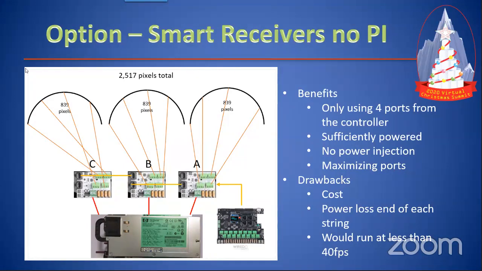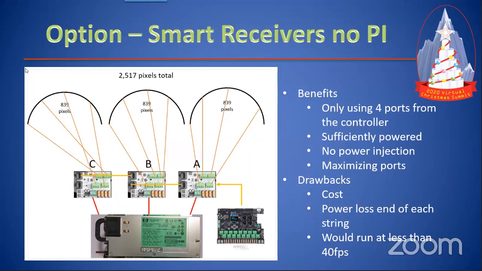You are. And I think this is kind of duplicative of what you're talking about. In this example, I'm only using 4 ports, so you would only be using 4 ports off your F48. Now, without power injection, as long as you're under that 680 pixel count across those 4 ports, you'll still be at your 40 frames per second.